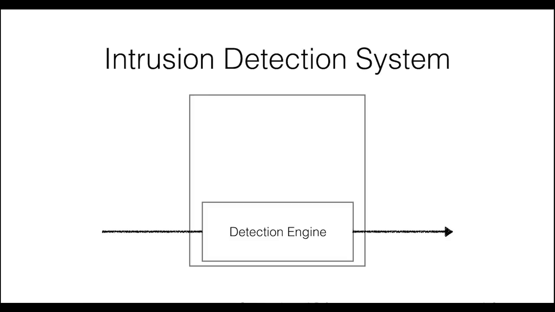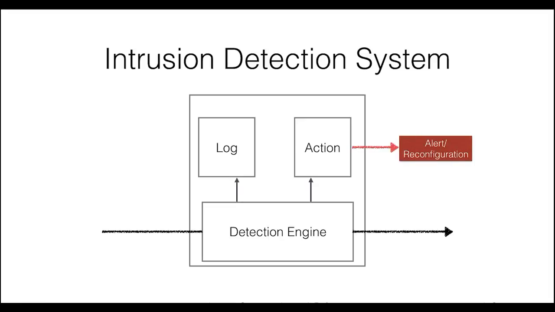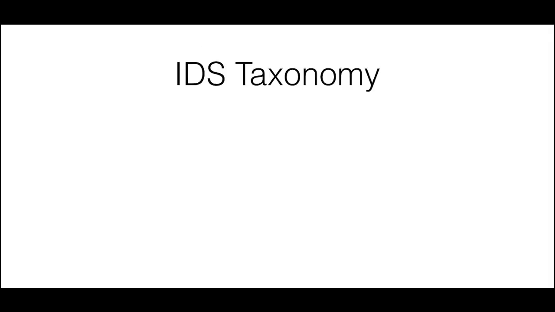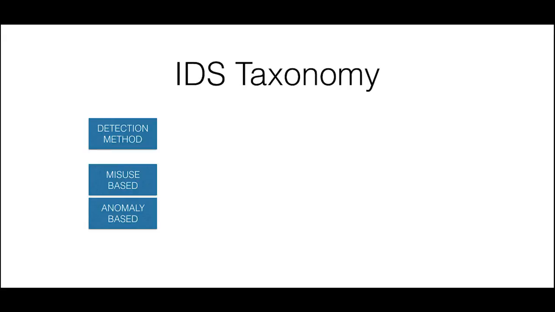After a sample of malicious traffic has been identified, the IDS will log this for later use and decide on a possible action. An IDS can be described based on several characteristics, which we will define in a taxonomy. The one we use in this course is based on the following. First, the detection method. This category describes how the detection engine works.